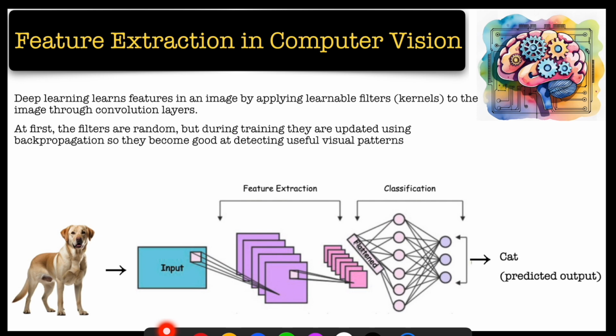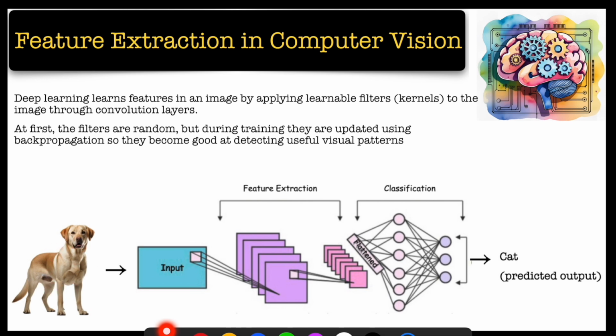We can have multiple layers of filters, which means we are extracting different types of features from the image.